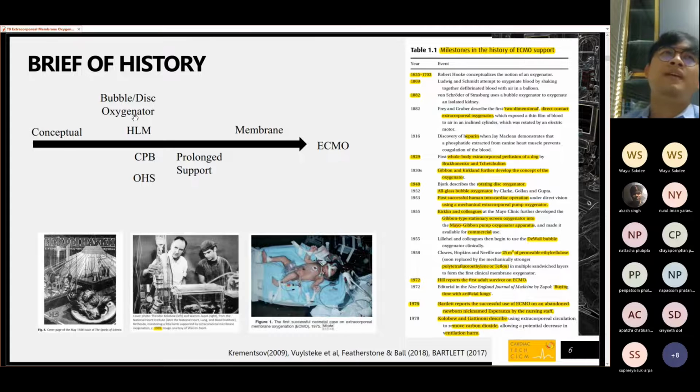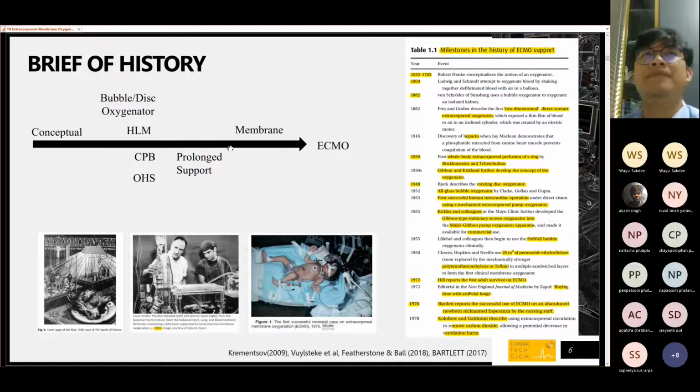In the first period, it started from the conceptual stage, as I showed you in the previous topic, with a dog's head supported by an outer circulation, until they developed the bubble oxygenator, and then developed the heart-lung machine and started open heart surgery. Anyway, at the time they didn't have a membrane oxygenator.